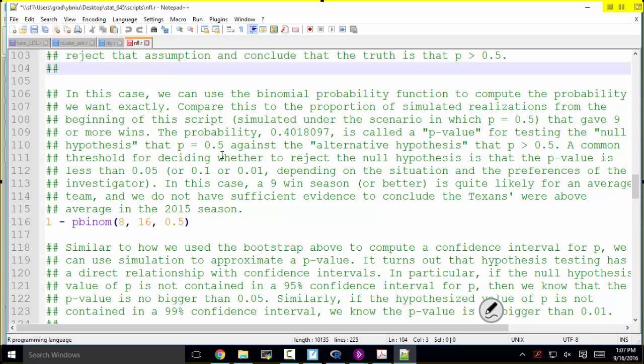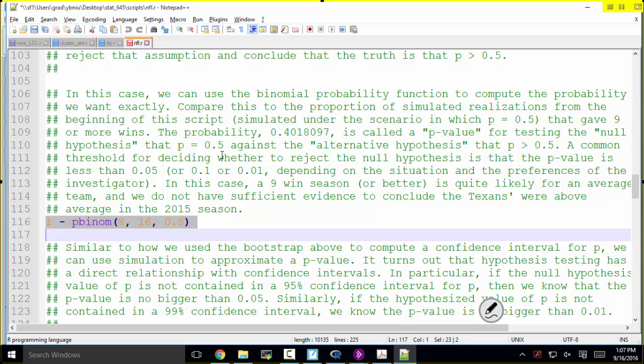In this example, we could compute the p-value exactly, directly, because we're just working with binomial data. This is the p-value. This command right here, pbinom, is a cumulative probability.